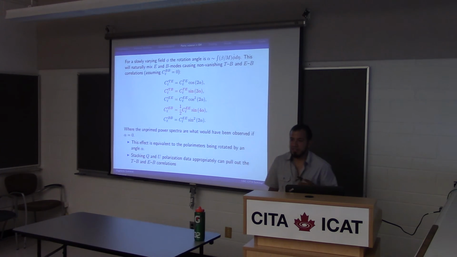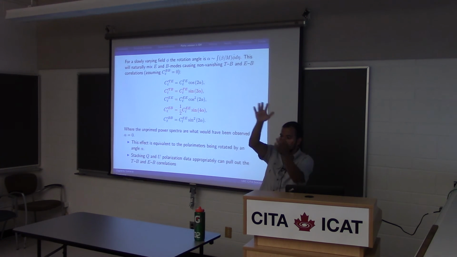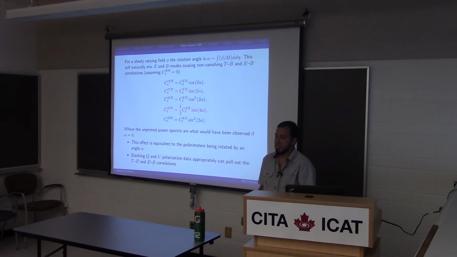Unfortunately, this effect is completely degenerate with an uncertainty in the orientation of your polarimeters. If I gave you a detector, a polarimeter, and I told you that it's oriented like this, but it was really oriented like this, then everywhere that I'm mapping the sky, I would effectively rotate the polarization states, and so I would induce this exact effect.